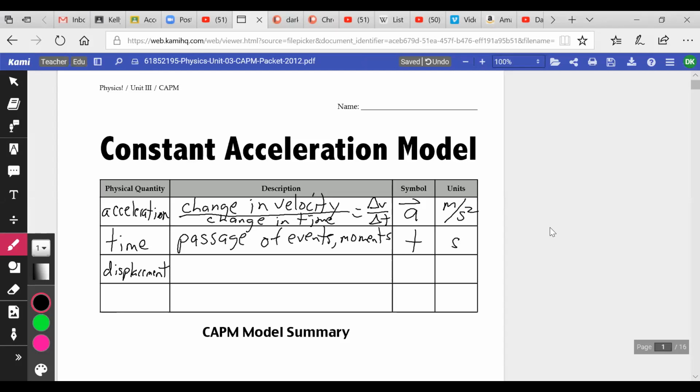Let's see, Leah, do you have your definition of displacement? You can just rattle it from your notes. Don't have it. Change in speed and direction? No. Displacement has nothing to do with speed.